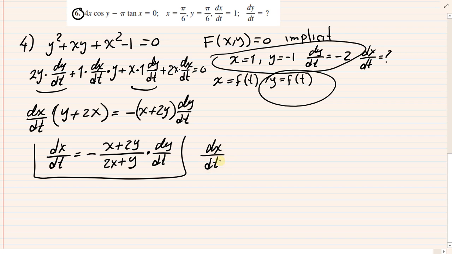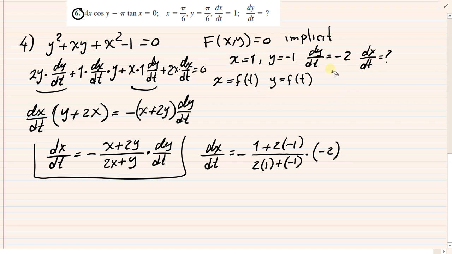The instant x is 1, y is negative 1, and dy/dt is negative 2. That's going to be negative of 1 plus 2 times negative 1, divided by 2 times 1 plus negative 1, and then times negative 2.